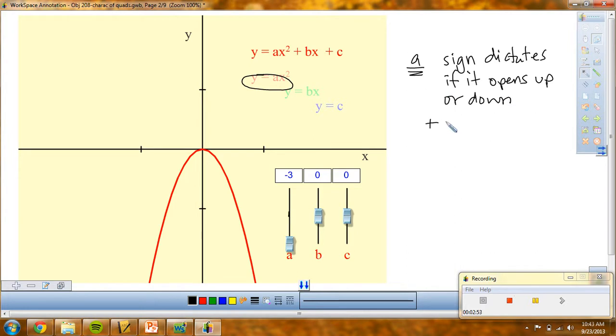Right, so a positive A, I'm going to have a graph that opens up. A negative A, I'm going to have a graph that opens down. And then the value of the A shows how wide or narrow.